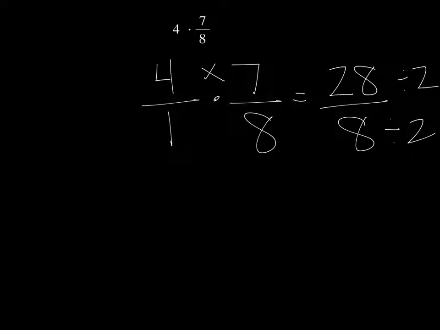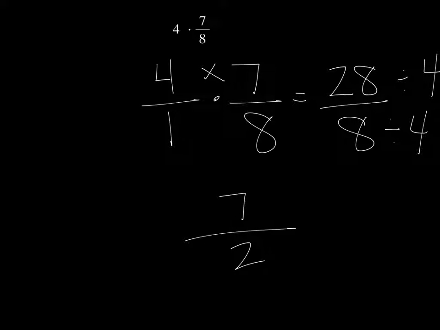Divide by 2. I can divide by 4. Let's divide by 4. So that'd be a lot easier. Then I'm not doing 2 simplification processes. I'm doing 1. Divide by 4, divide by 4, because 28 divided by 4 is 7. And 8 divided by 4 is 2.